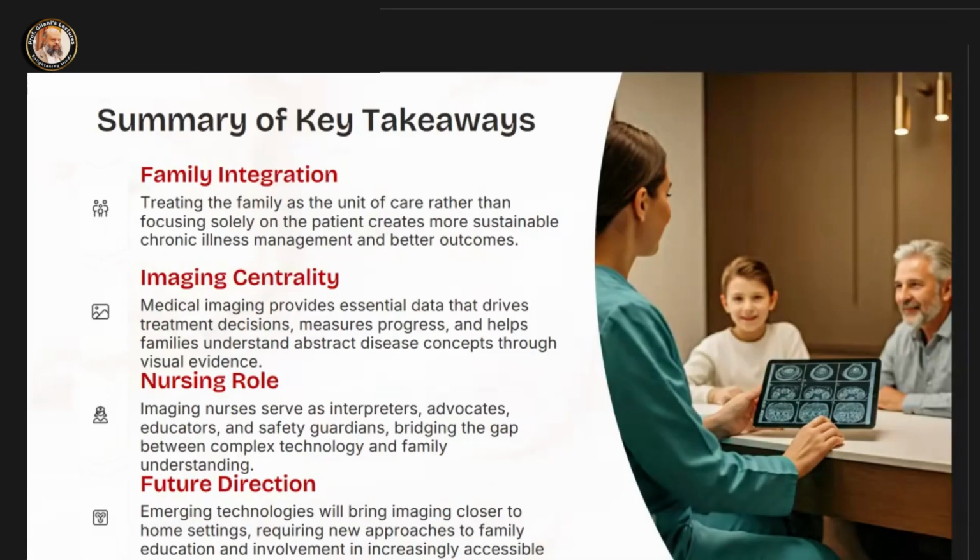The nursing role: imaging nurses serve as interpreter, educator, and safety guardian, bridging the gap between complex technology and family understanding. The future direction is that emerging technologies will bring imaging closer to home settings, requiring new approaches to family education and involvement in increasingly accessible procedures.